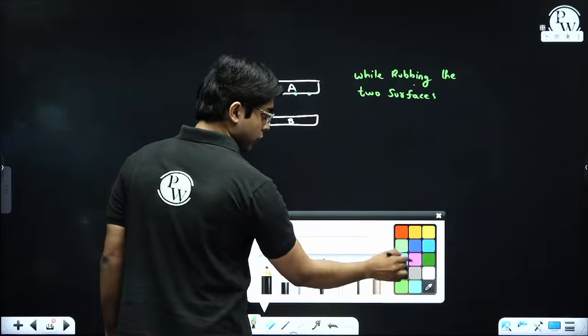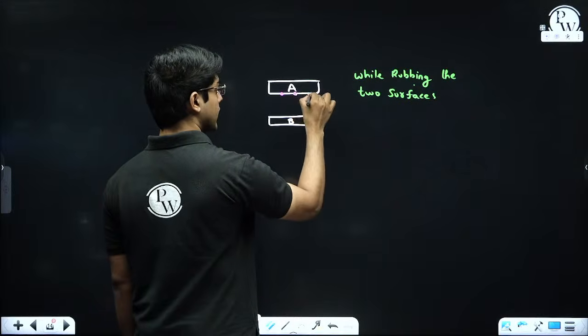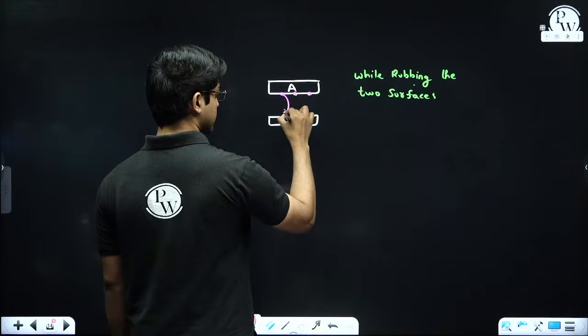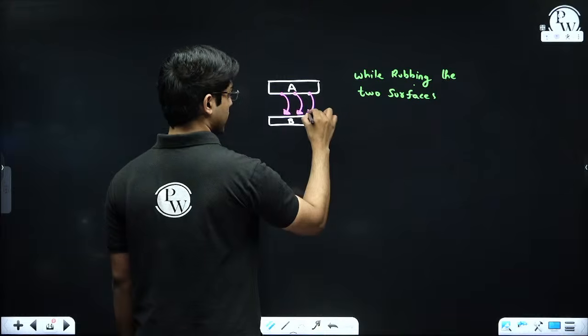Forget about which body gains the electrons, but the electrons that are lying on the surface of A, let's say they jumped into the surface of B.